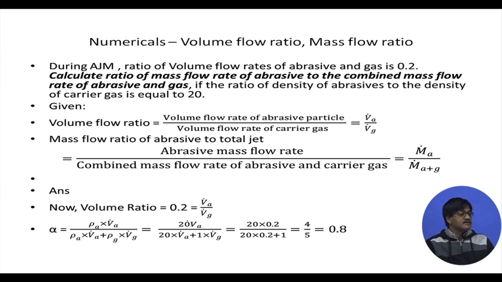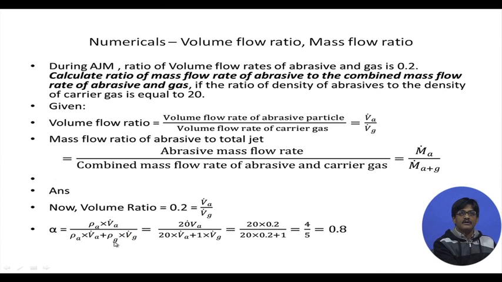What is density ratio? Abrasives are much more dense than the carrier gas, and therefore, density of abrasive by density of carrier gas is 20.